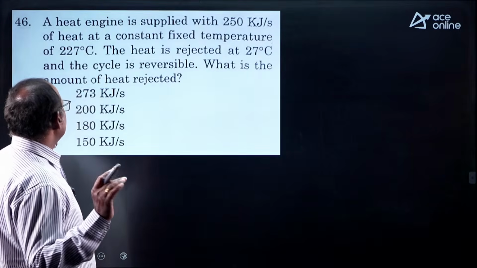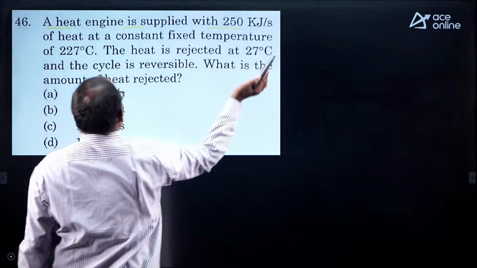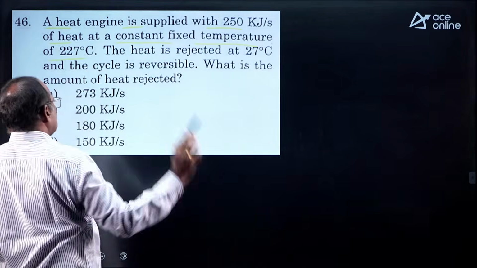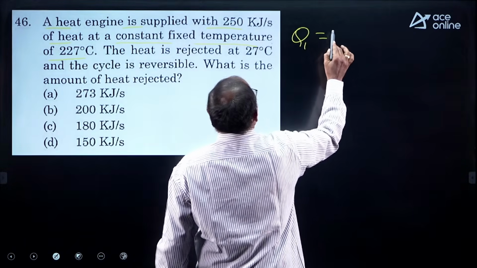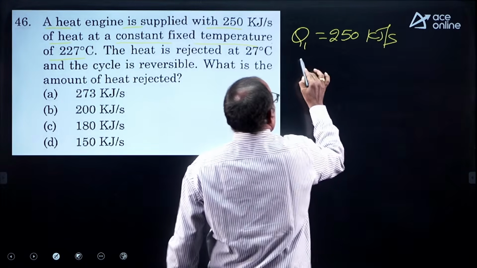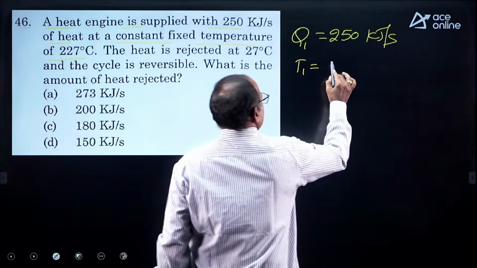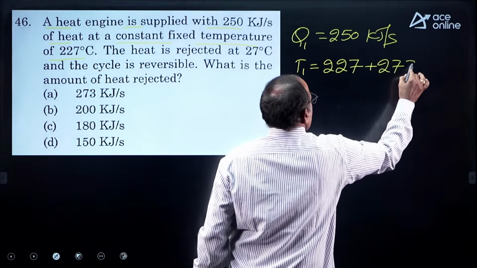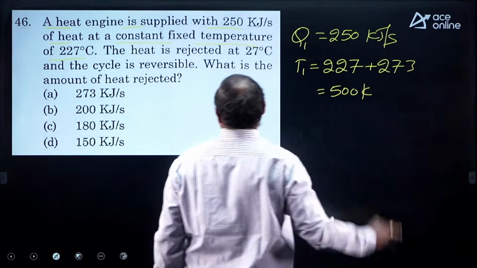Similarly, look at another problem. A heat engine is supplied with 250 kilojoules of heat at a constant fixed temperature of 227 degrees centigrade. The heat supplied to the heat engine, Q1, is given as 250 kilojoules per second at a maximum fixed temperature of 227 plus 273, which in Kelvin gives 500 Kelvin.